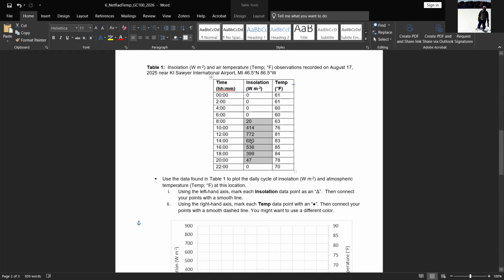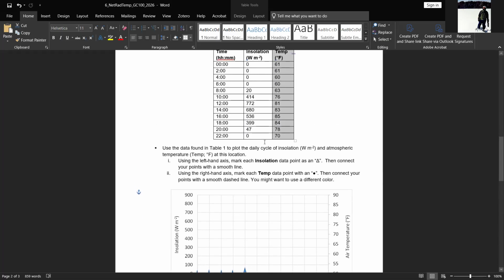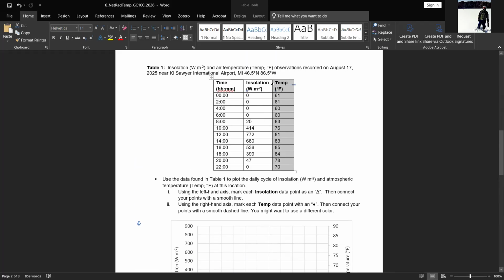Once you've completed your second column, the insolation, now you're going to plot temperature. Again, using paper and pencil, or digitally, or on the Excel file, which I'll show you in a little bit, you still start at 0. So now we're going to compare just these two columns, and here you're going to ignore insolation.